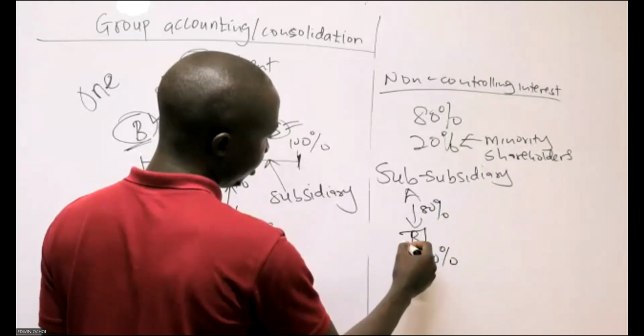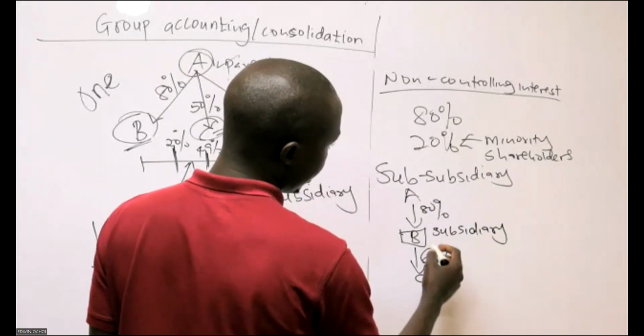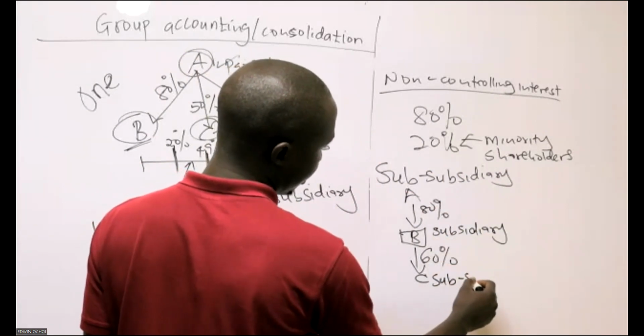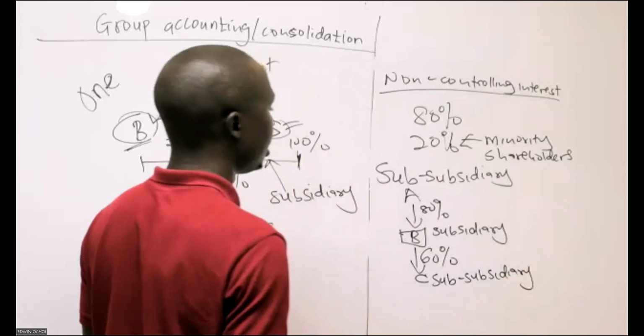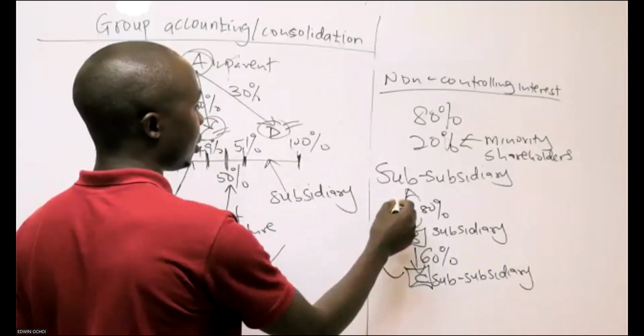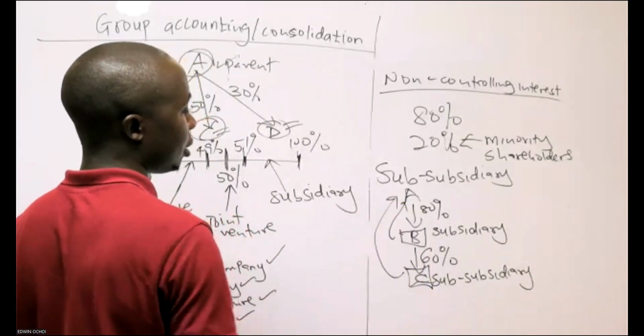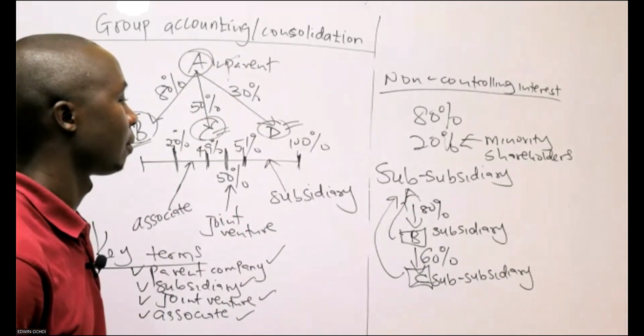Remember that B is a subsidiary to A. But now C is a sub-subsidiary to A.